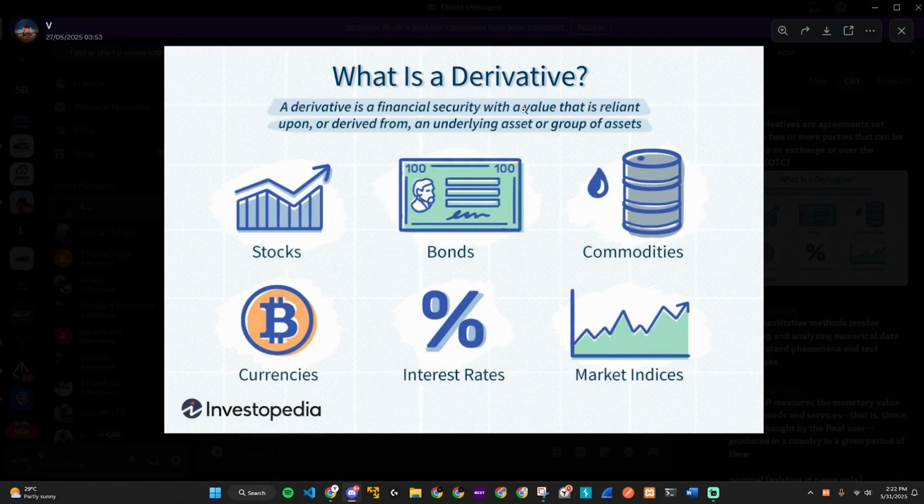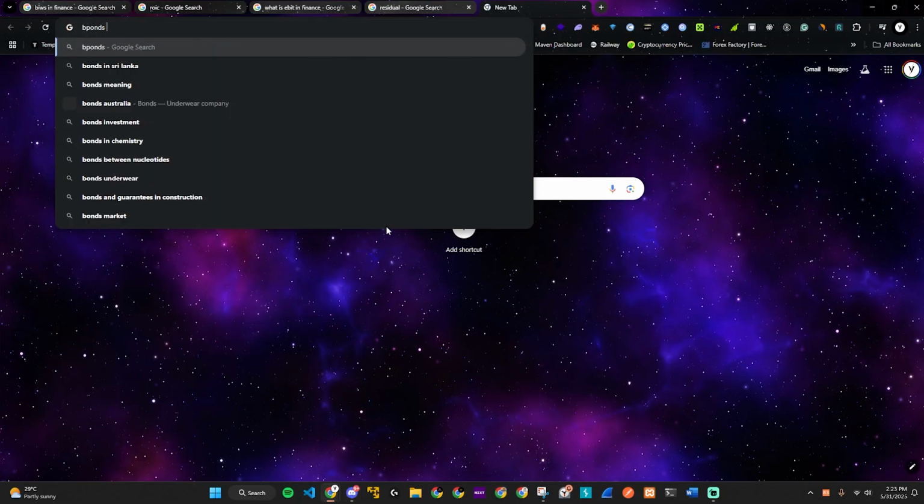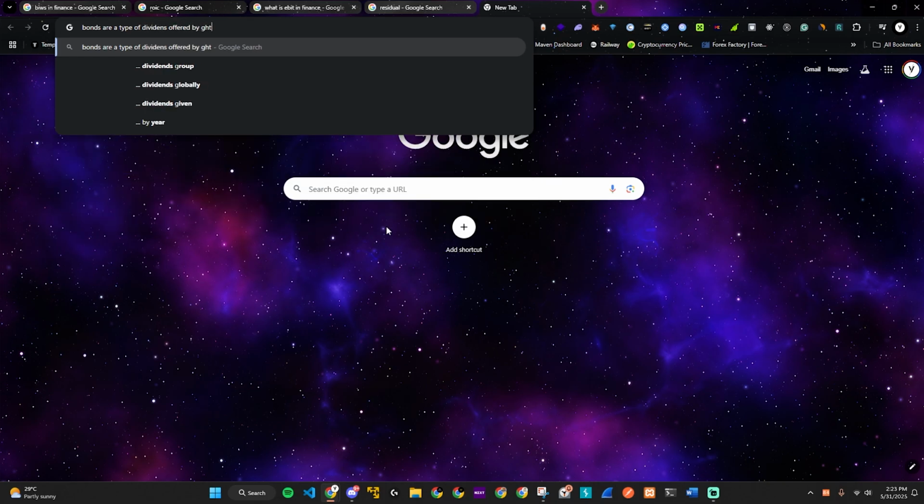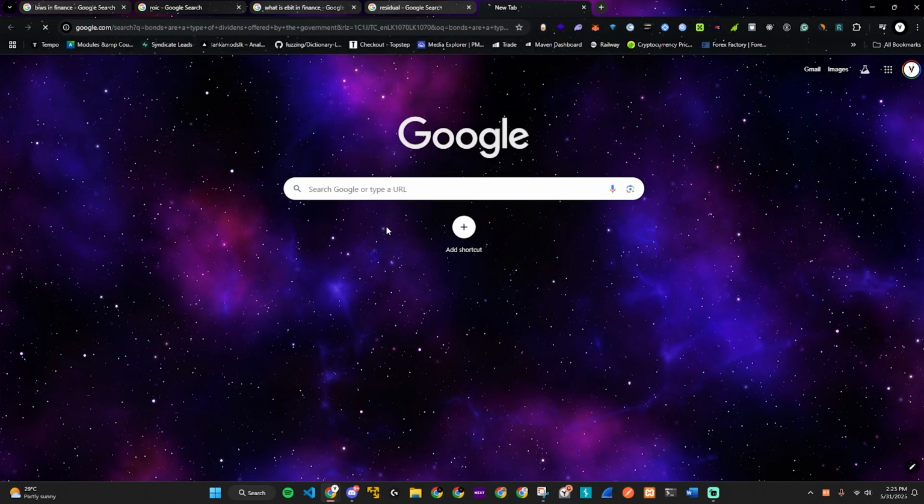Derivatives, they come financial security, right? Derived from an underlying asset or group of assets, like stocks, like Nasdaq and S&P 500, and bonds, which are government held, and dividends, as bonds are a type of dividends, right? Bonds are a type of dividends offered by the government.